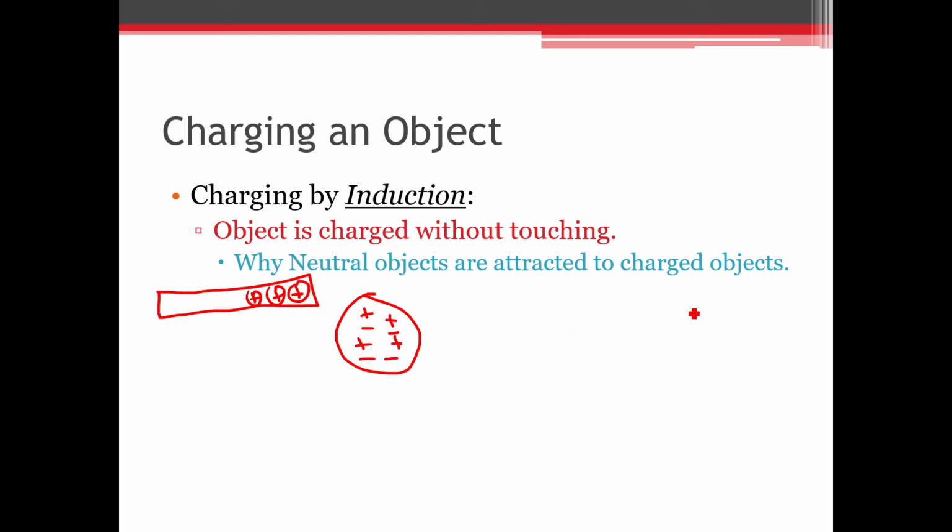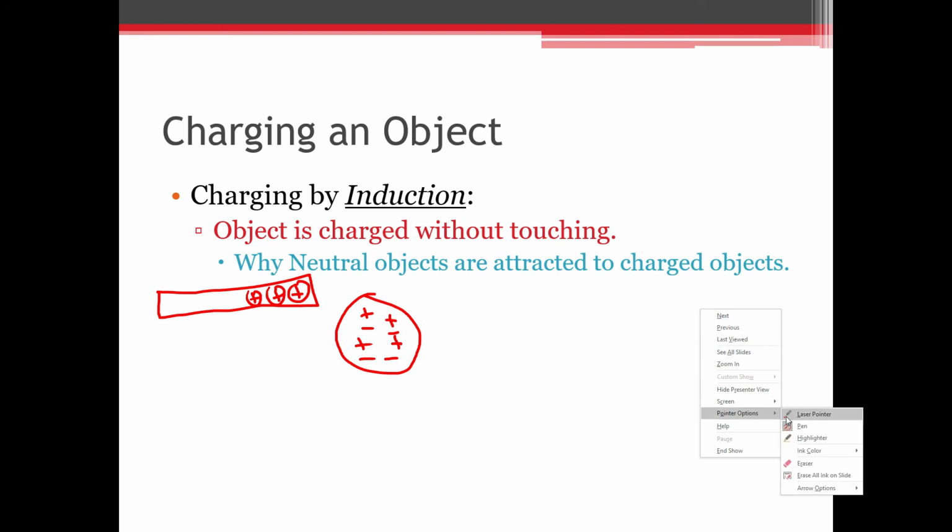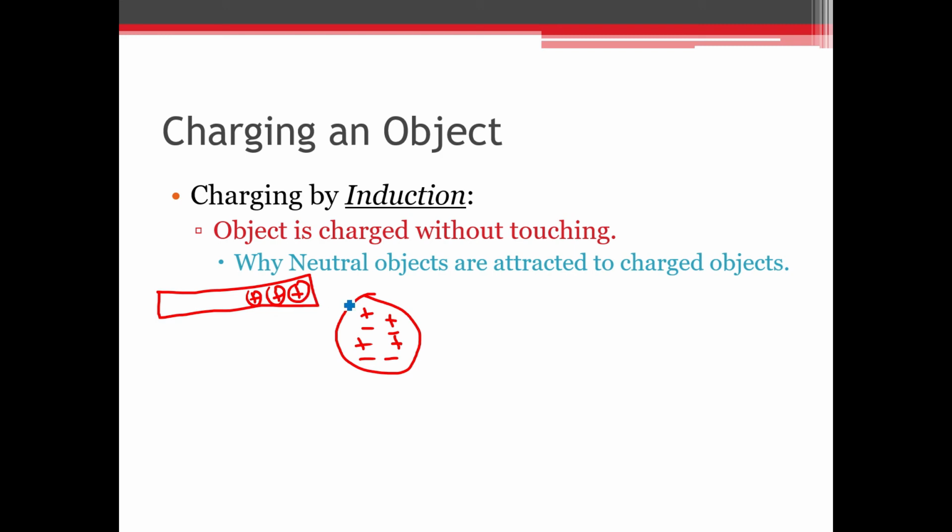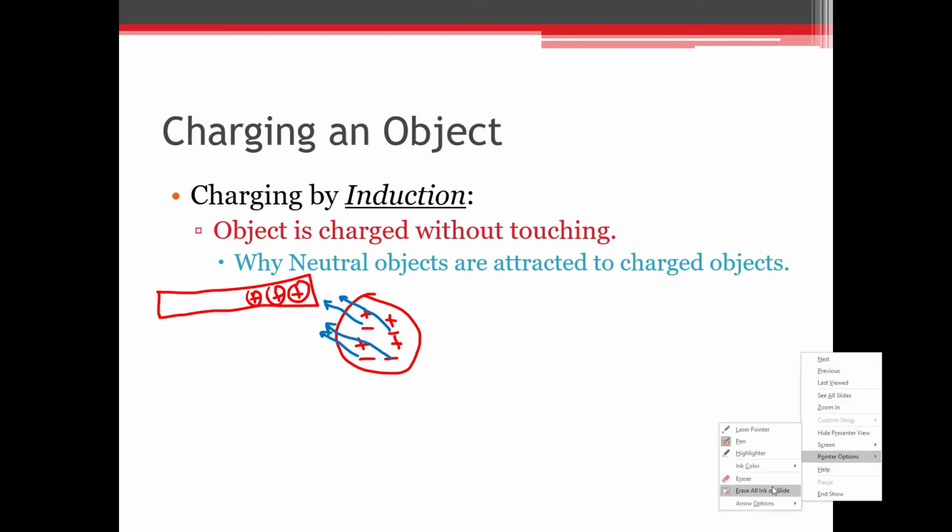What will happen here, and I'll change my color so it's a little easier to see, is that as you bring this positively charged object closer, the negative charges will want to move towards it.